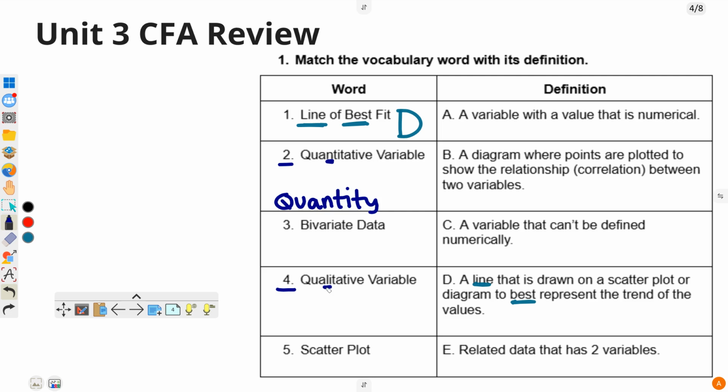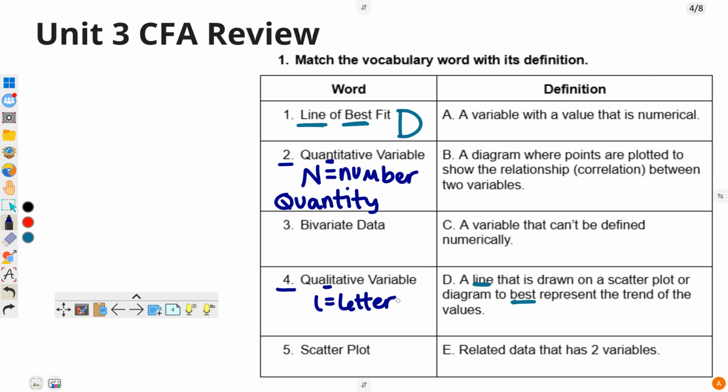Another thing that I talked about is quantity has this N right here, and qualitative has the L. Well, can't I say N stands for number and L stands for letter? So my two big differences in those two words, quantitative and qualitative, are the N and the L. The N tells me my quantitative is going to be a number, and the L in qualitative tells me it's going to be a letter, okay?